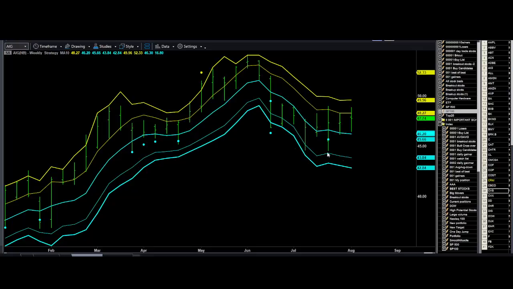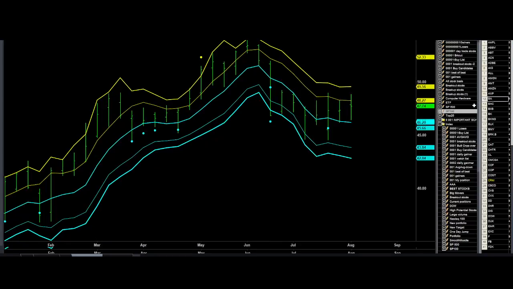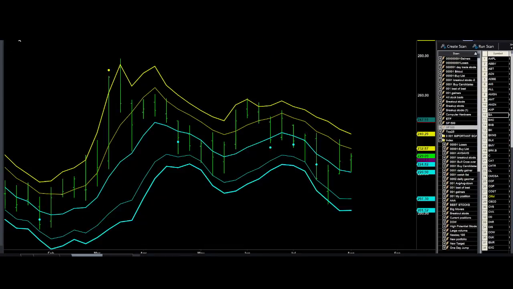So let's check another, like BA, Boeing. So this is updating to the BA weekly chart. You can see these trend lines also predict the stock price very well, and how it matches very well.